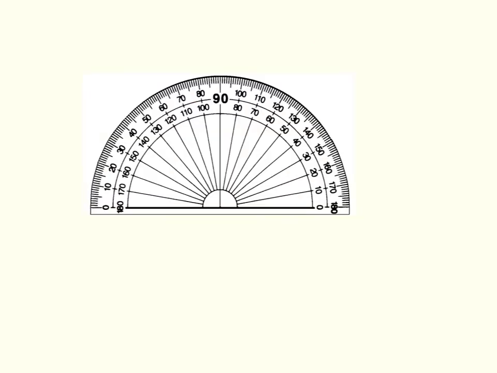The last thing I want to talk about is using a protractor. We use a protractor to find the angle of the lines or the line segments. So for example, if I had a line segment, I would line it up with this zero line, and we're going to use this zero right here, and then it would also fall on top of the other line segment.